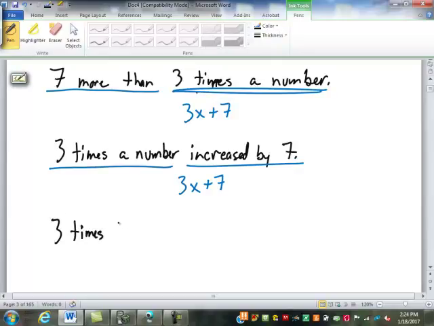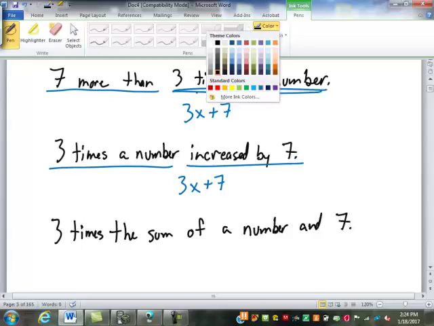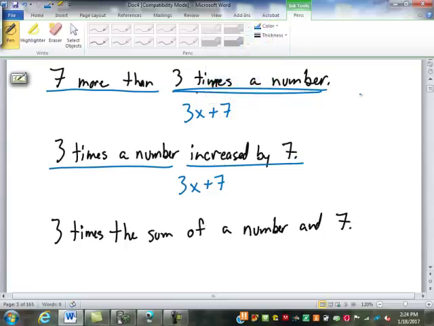Three times the sum of a number and 7. What's this one going to be? This one's slightly different.